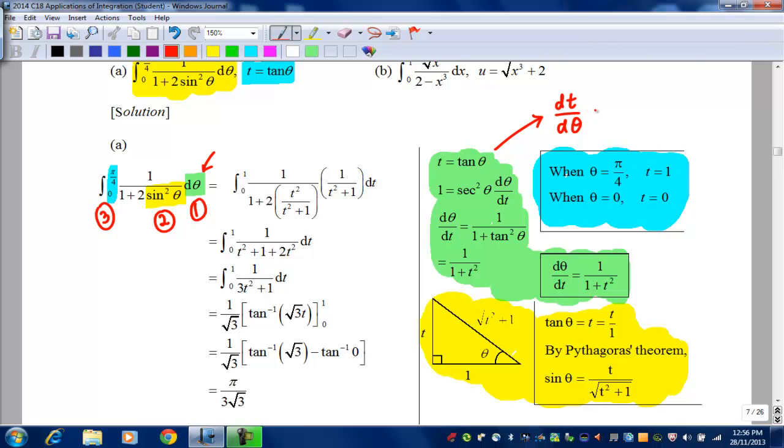So you get dt d theta is secant square theta. So in other words, d theta dt will be equivalent to 1 over secant square theta. So it turns out to be the same answer here. So since tangent theta is t, d theta dt will be equivalent to 1 over 1 plus tangent square.